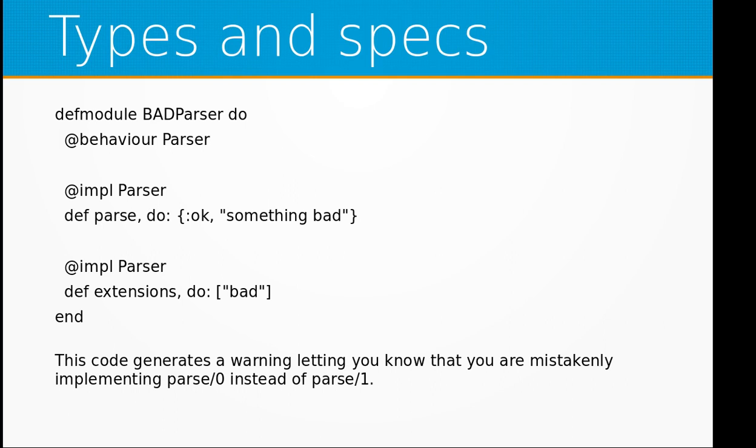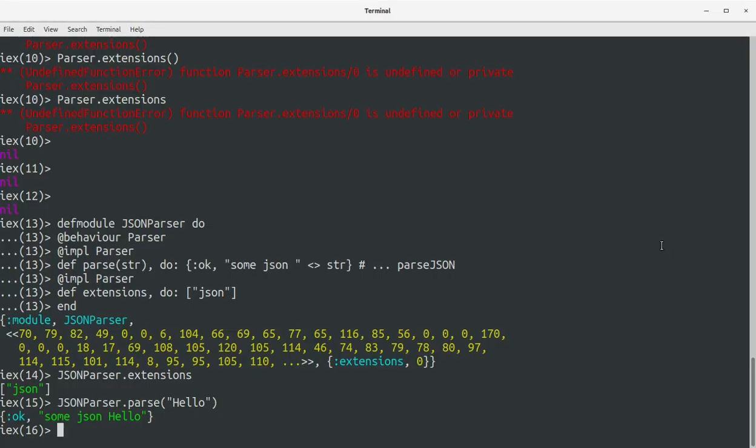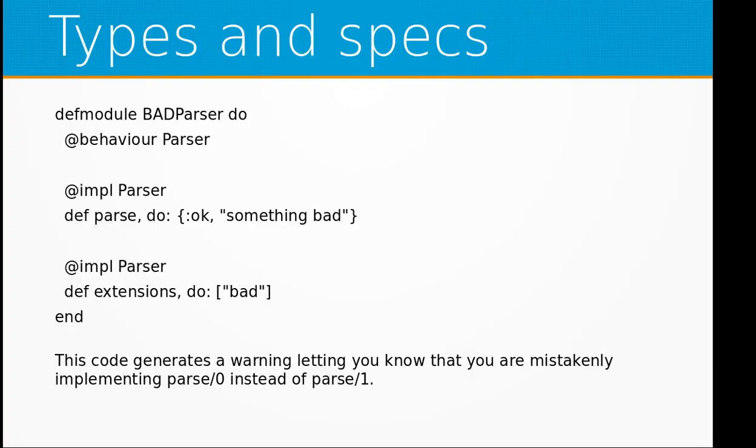This code generates a warning letting you know that you are mistakenly implementing parse/0 instead of parse/1, because in this function we are not receiving any parameters and there is nothing to parse here, so it will generate a warning.